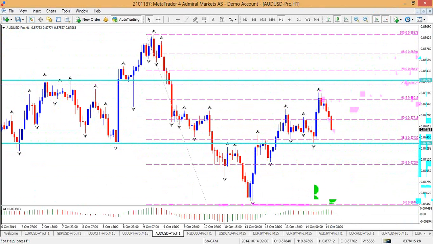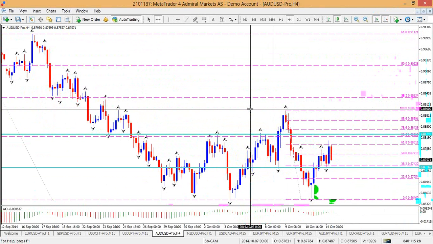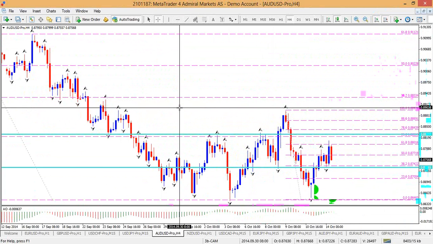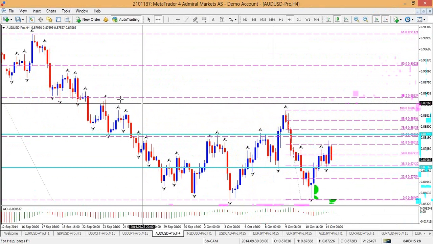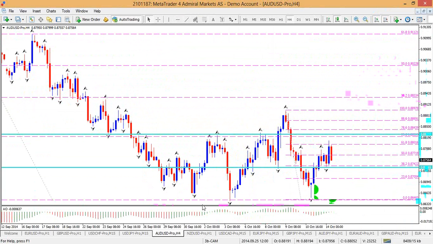Let's see. Daniel added fib down from 89.12. 89.12. I don't see 4-hour chart. I don't see any particular top at 89.14 and 89.12. That's the problem.